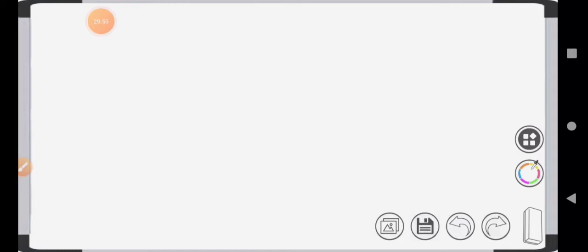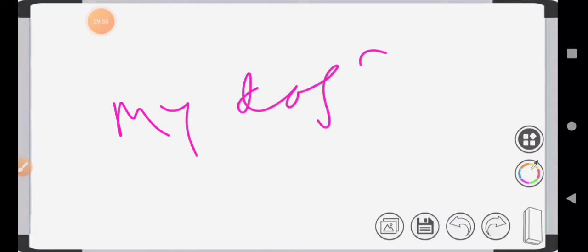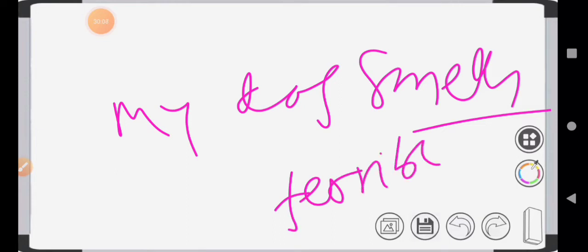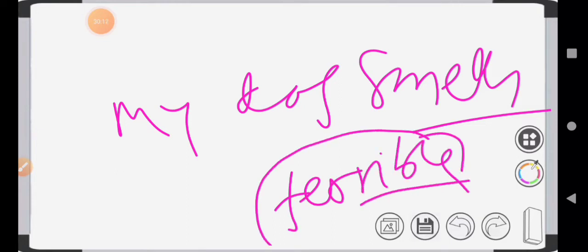This happens with linking verbs. For example, my dog smells terrible. These are called linking verbs. Subject complement: my dog smells terrible. Terrible is an adjective.